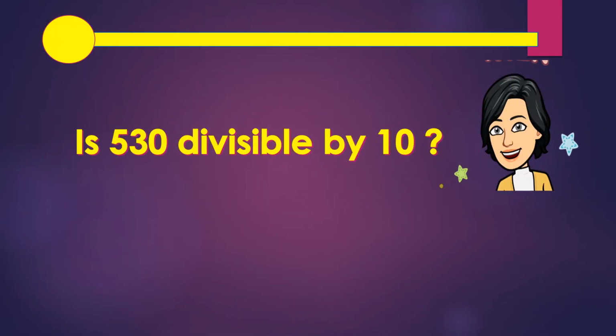Next is 530. Is this divisible by 10? Answer is yes. Why? Because 530 ends with 0. And all numbers that end with 0 are divisible by 10.